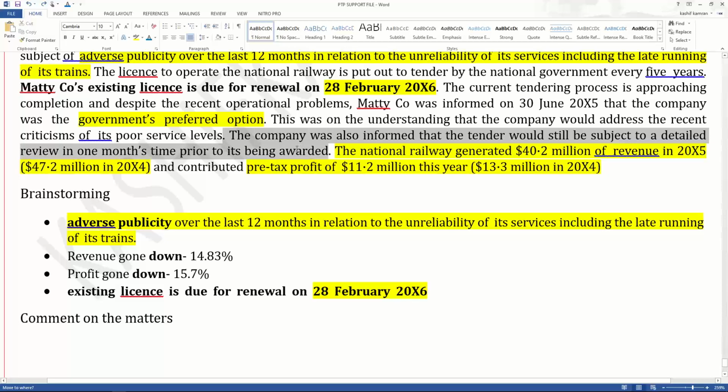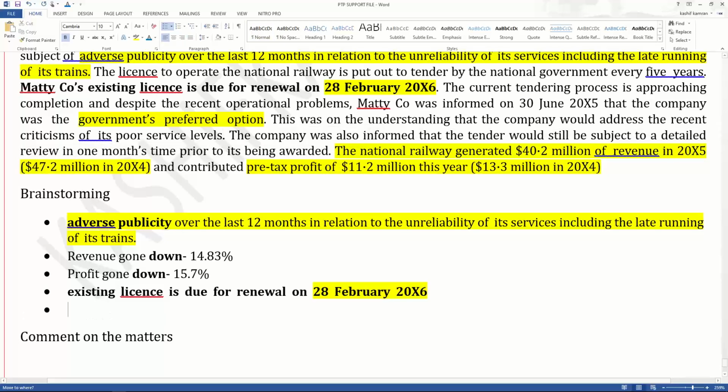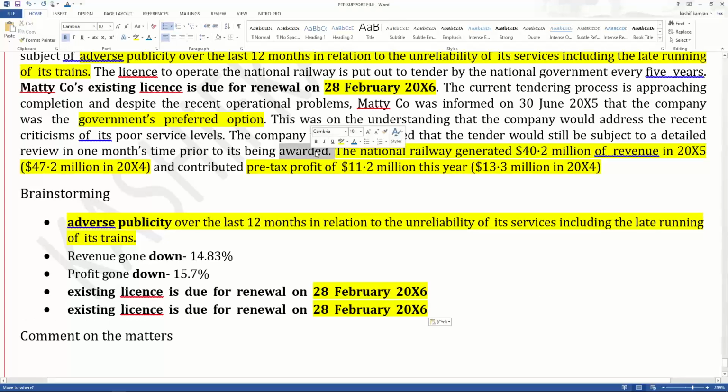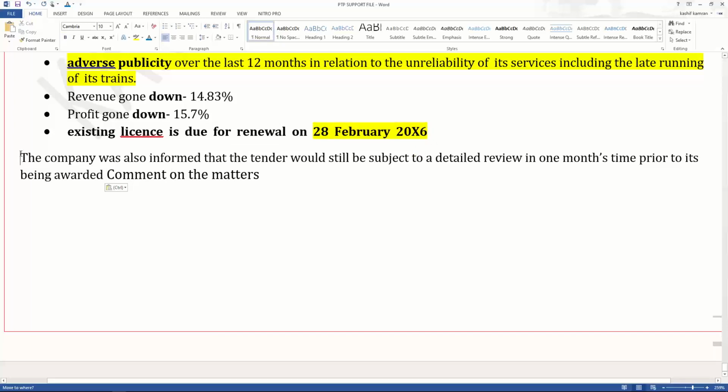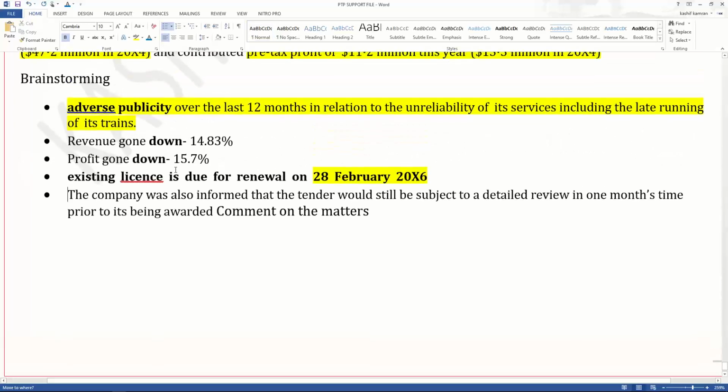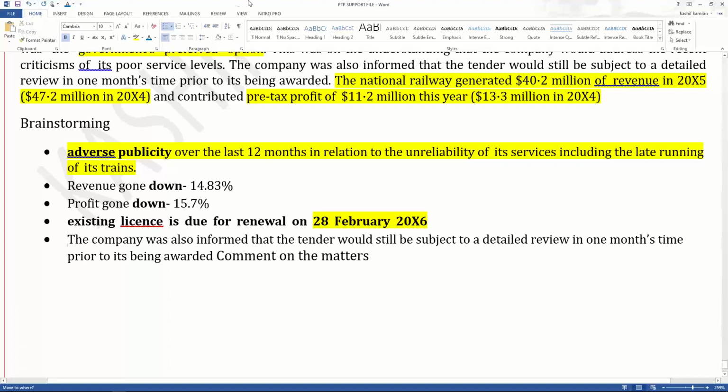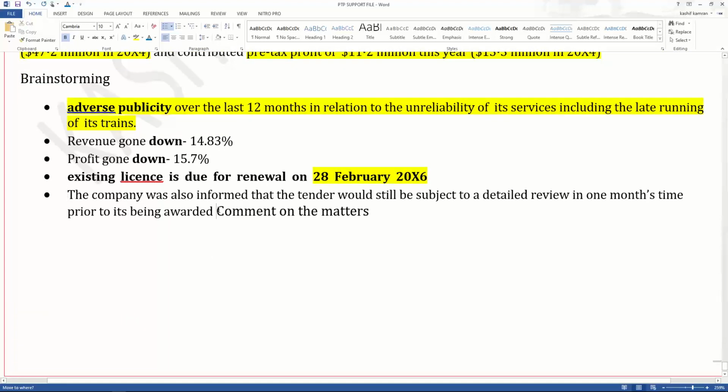So does that mean in 1 month's time, the government will review your performance? Have you taken some actions to improve your service level? And if the government fails to identify that the service levels have improved, will the government reward you the license? Probably no, right? So the government will review the performance of the company in 1 month's time to assess whether the license should be given to them or not.